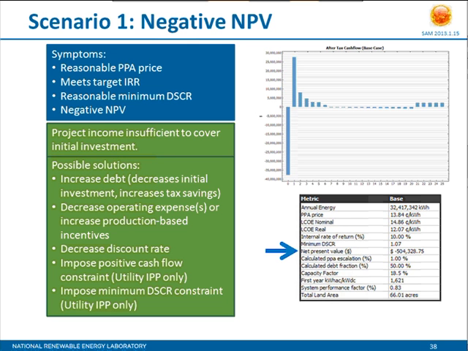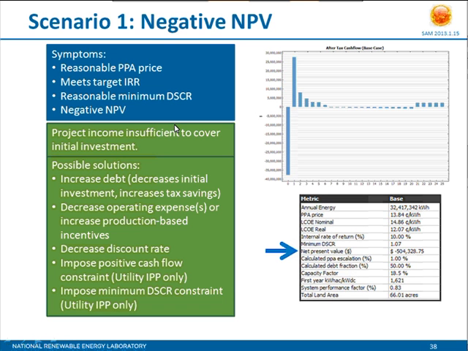So if you've got a reasonable PPA price, so this is 13.8 cents per kilowatt hour, maybe for a PV system that's pretty reasonable, and you meet your IRR target of 10%. You've got a debt service coverage ratio of 1.07. That's fairly reasonable, maybe a little low, but you've got a negative net present value. Well, what might be going on?